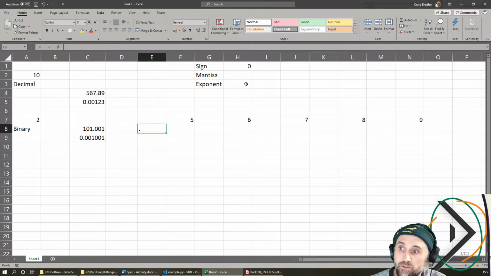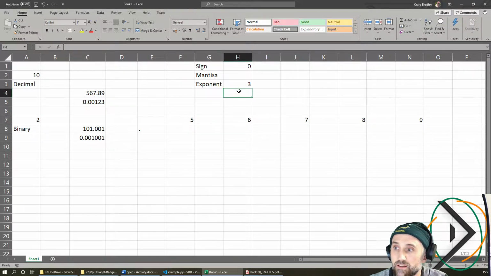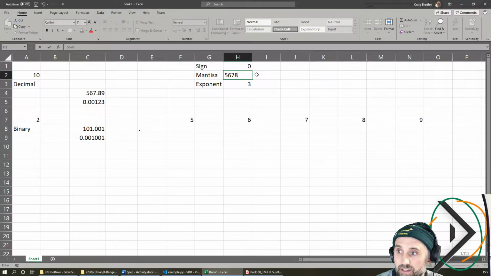Because we moved it 3 to the left, the answer for this one is the exponent is 3, and the Mantissa is 56789.